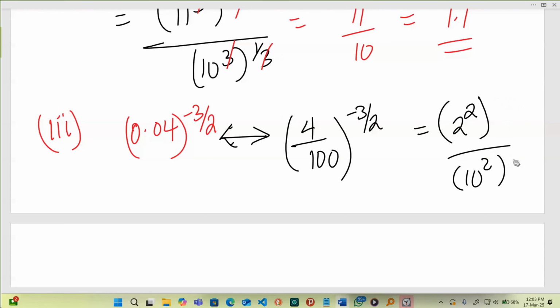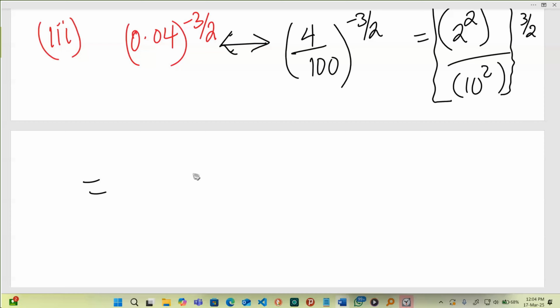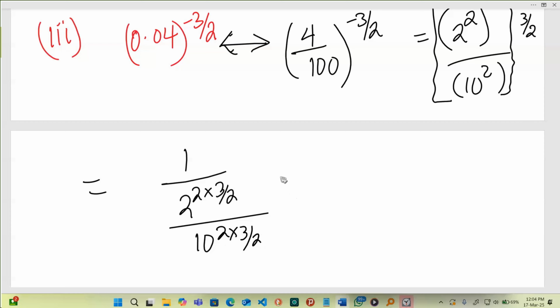We have 3 out of 2, but it is going to be 1 out of that, so that we remove that negative here. So this becomes 1 out of 2 to power 2, then times 3 out of 2, divided by 10 to power 2 times 3 out of 2.